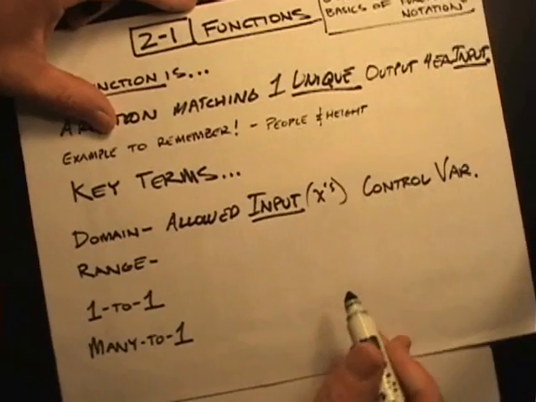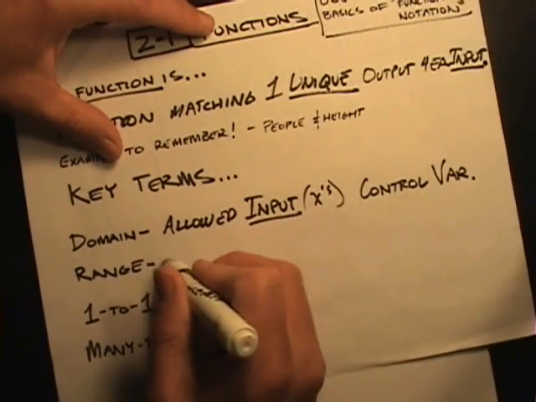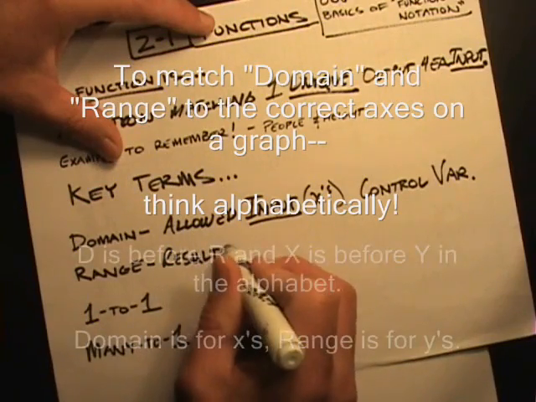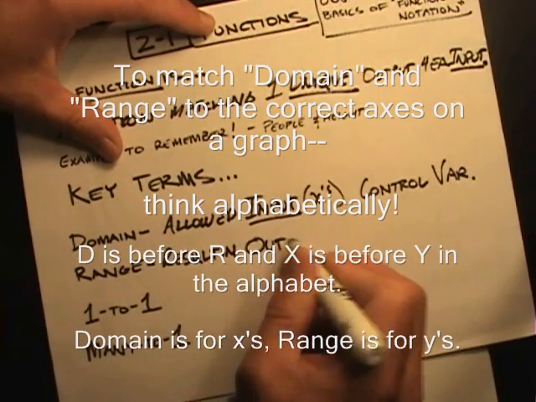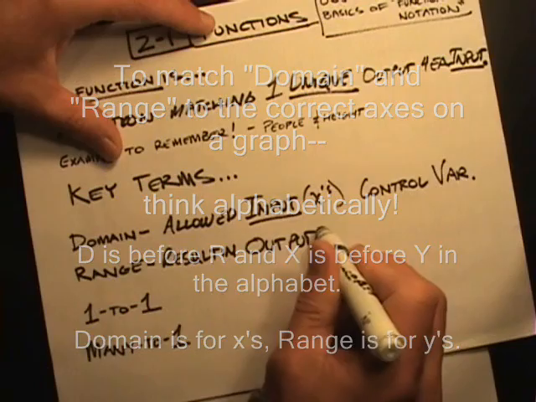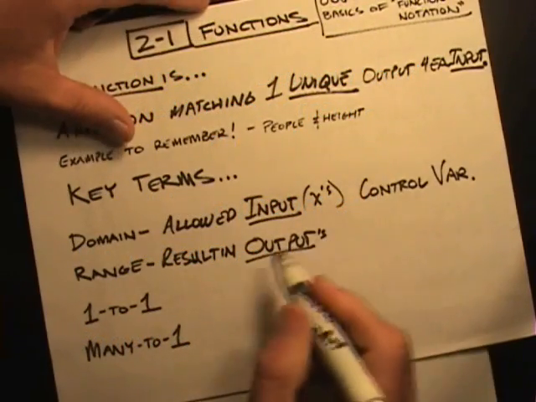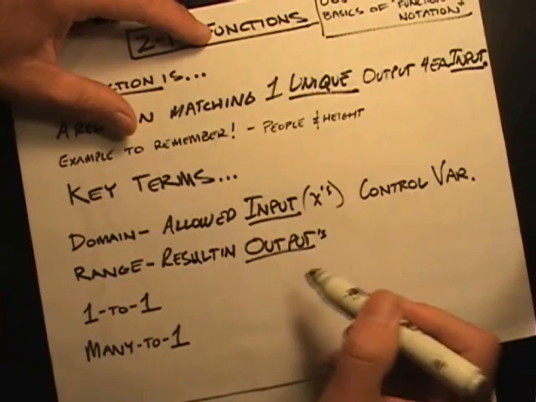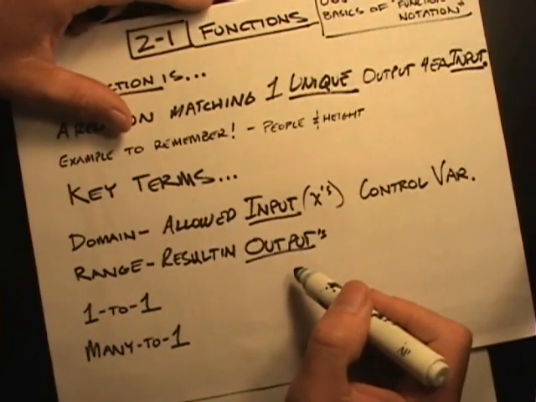Then the range is going to be the resulting output. Sometimes you get just a very boring, constant output. Whatever you put in, what comes out would be a constant number.